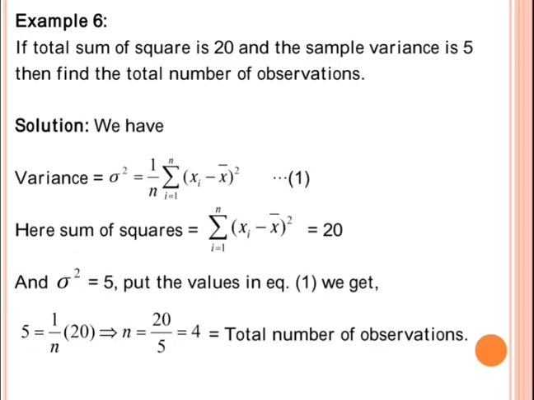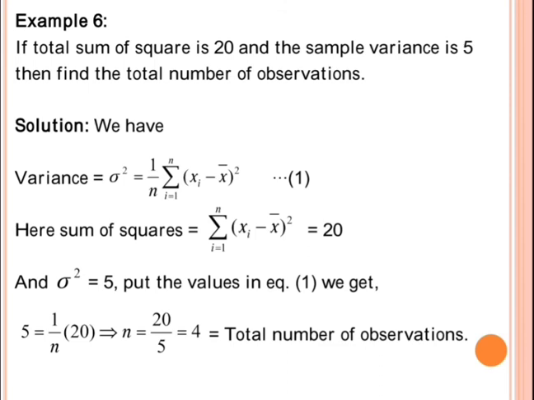Now let us take one last example of standard deviation. The question is, if the sum of squares is 20 and the sample variance is 5, then find the total number of observations. Read this twice.